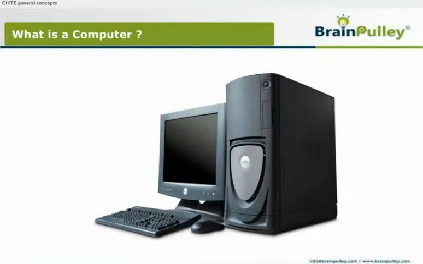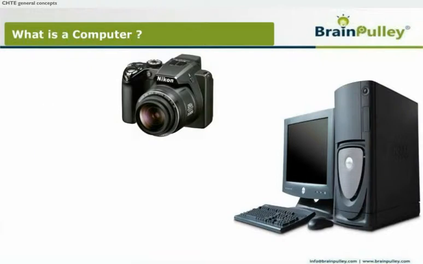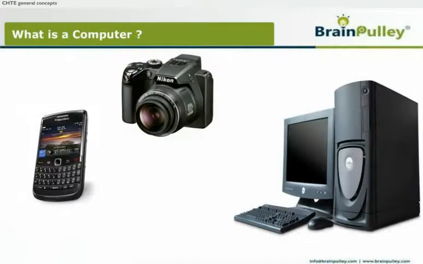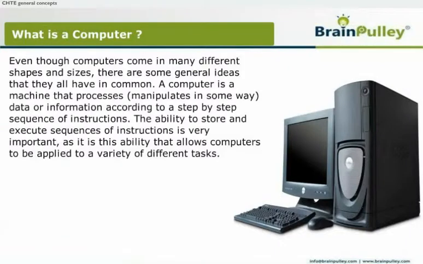Even though computers come in many different shapes and sizes, there are some general ideas that they all have in common. A computer is a machine that processes, manipulates in some way, data or information according to a step-by-step sequence of instructions.